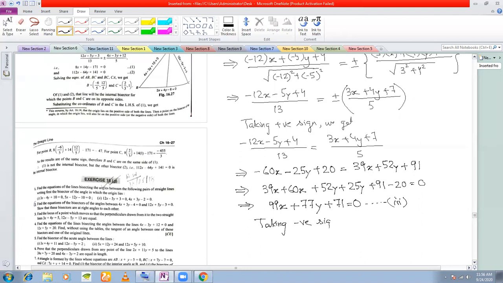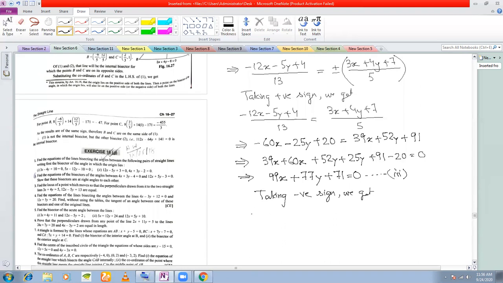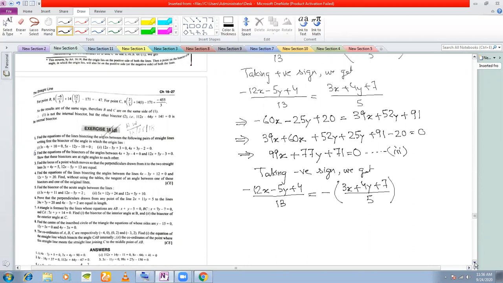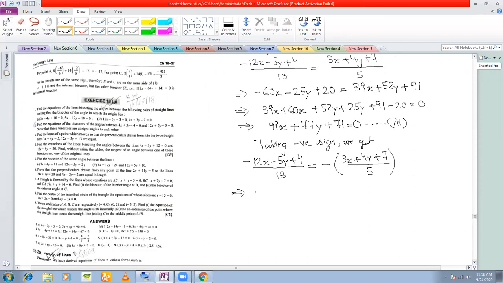Taking negative sign, we get minus 12x minus 5y plus 4 by 13 is equal to minus of 3x plus 4y plus 7 divided by 5, which means minus 3x minus 4y minus 7 divided by 5.